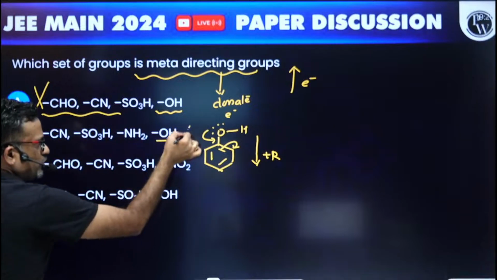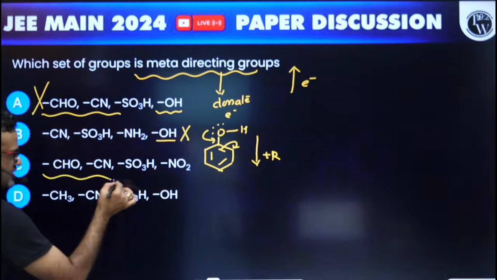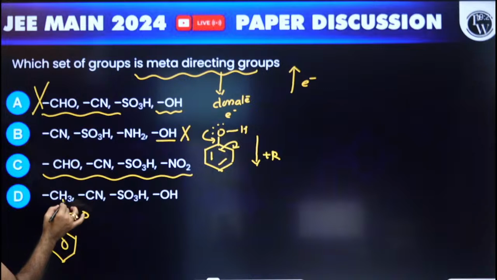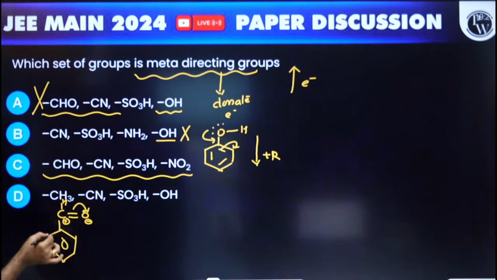Here also I am having OH, no need. Here we can check CHO. In CHO we have a carbonyl group with a positive and negative charge, so with the positive charge it will pull the electrons from the benzene.